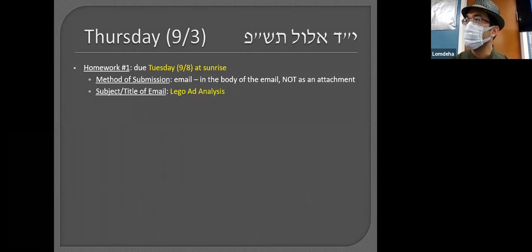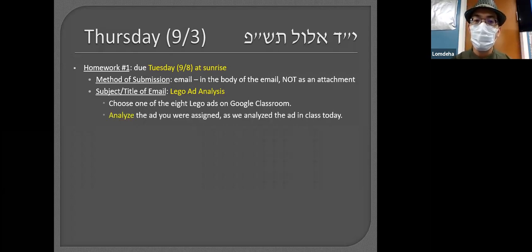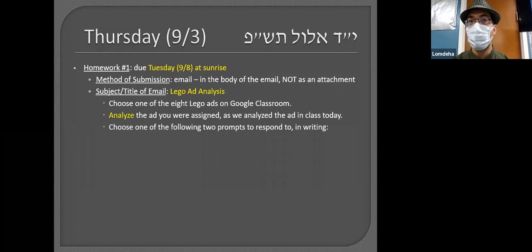The subject and title of the email will be Lego ad analysis. I'm going to put 8 Lego ads on Google Classroom, which I'll show you after we go through the homework assignments here. You're going to analyze the ad that you were assigned the way that we analyzed today's ad. And I'm going to give you 2 options for what prompt to write about.